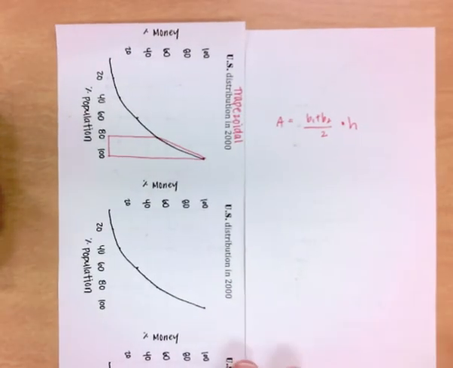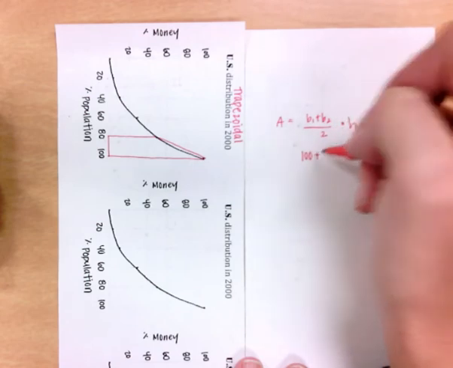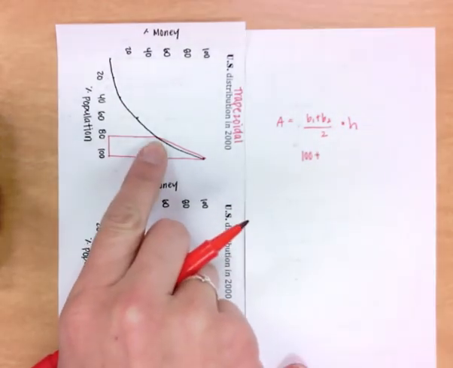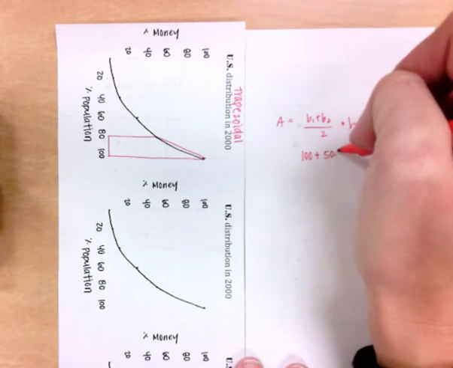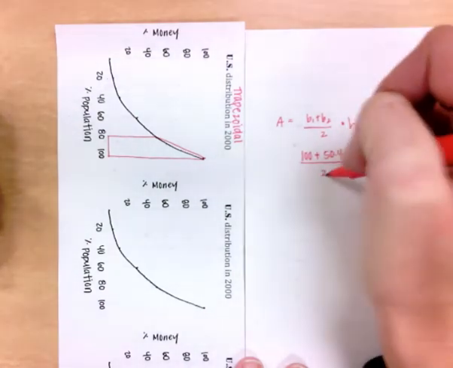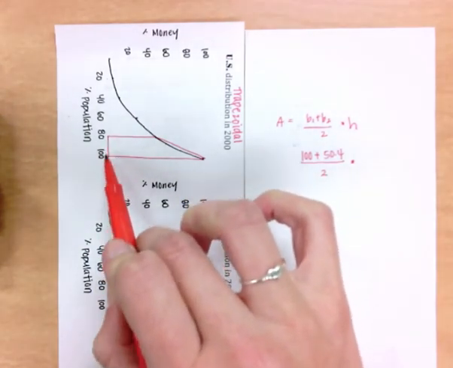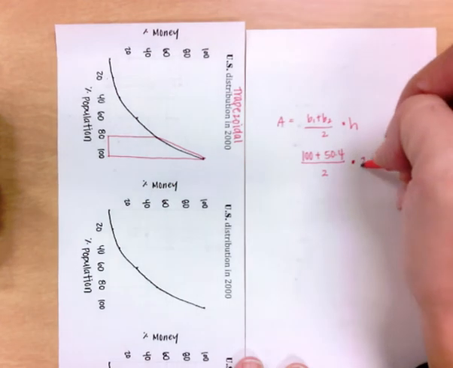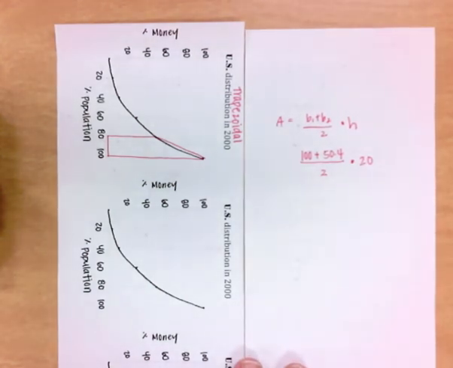My base 1 will be this length, and so that's 100, plus my base 2 at 80, that was 50.4, from our data from before with the US distribution. Then you divide that by 2, and times our height. Our height is this length here, between 100 and 80, so that's 20. That would be the area of that trapezoid.